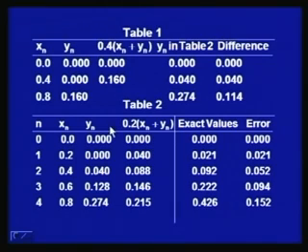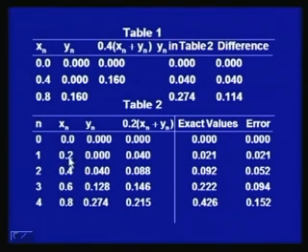Now, here we have tabulated the values of y1, y2, y3, y4 for x equal to 0.2, 0.4, 0.6, 0.8 when we take h equal to 0.2, and we have also tabulated the values of y for x equal to 0.4 and 0.8 where we have taken h to be 0.4, and then we have compared the errors in the two cases.